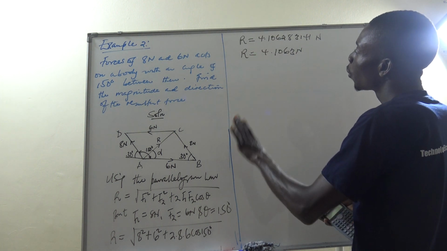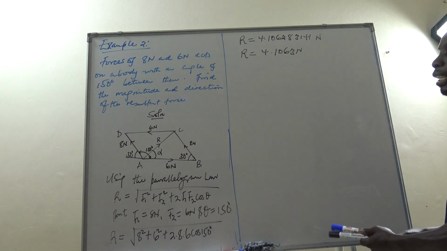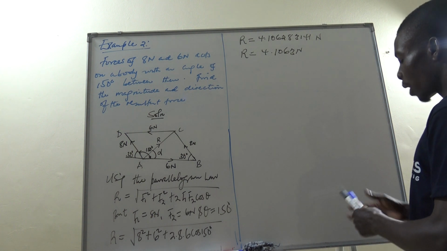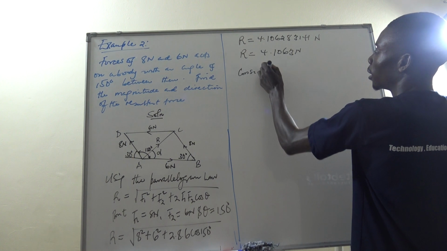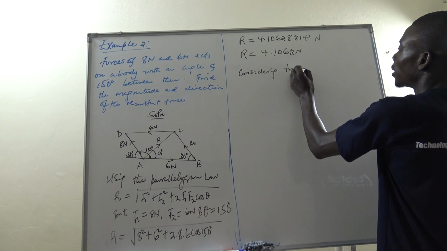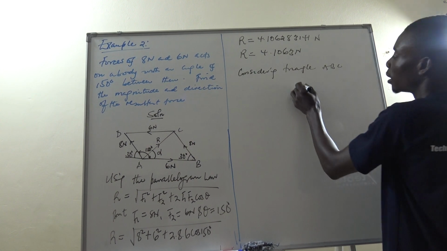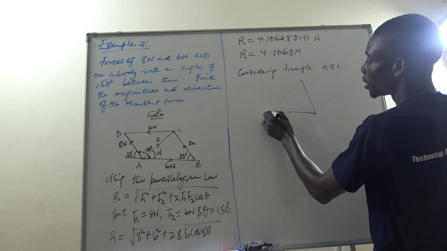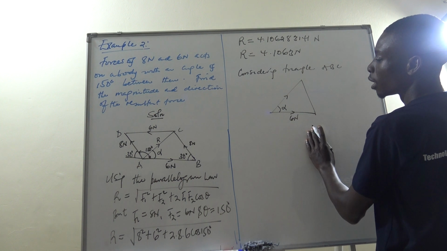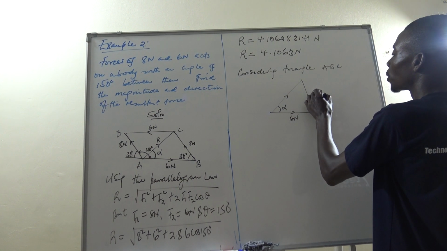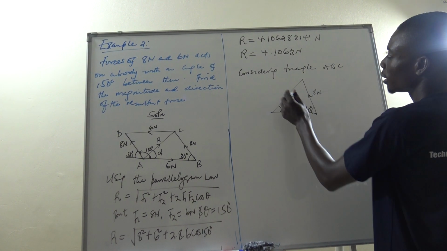But we said we should define a force by the magnitude and the direction. Let's look at how we get the direction. We can consider triangle ABC. Triangle ABC should look like this. This is the alpha, this is the 6 Newton, this is the 8 Newton, this is my 30, and this is my resultant.